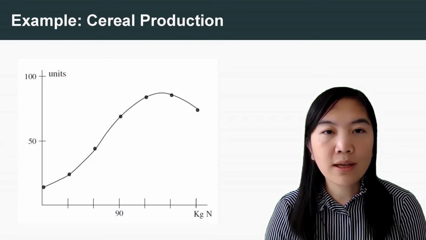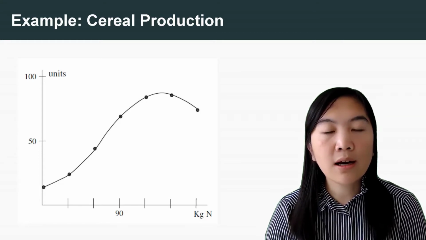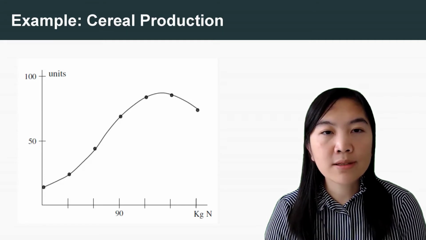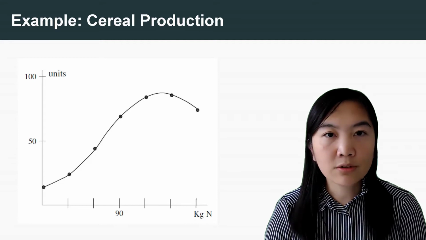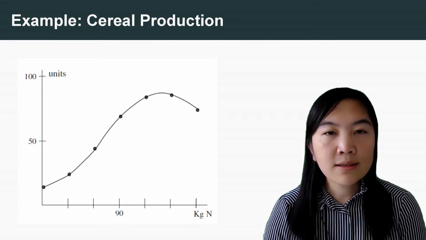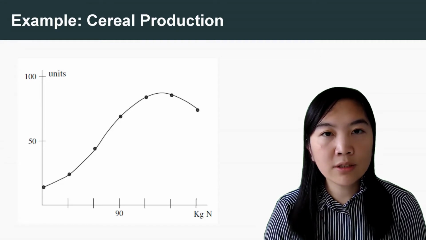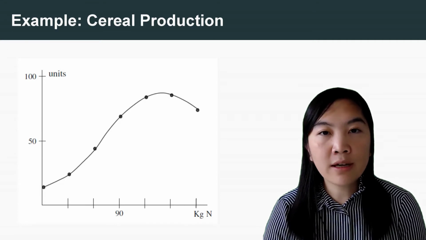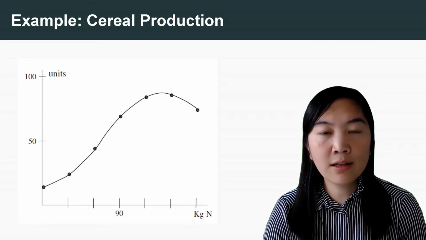For example, the yield increase from 30 to 60 nitrogen is actually more than the increase in yield from 0 to 30 kilos. And then you can see that the increasing rate in yield is actually decreasing and finally negative.